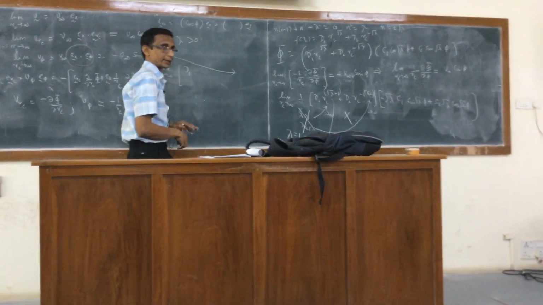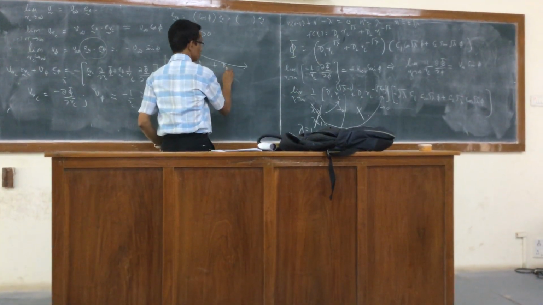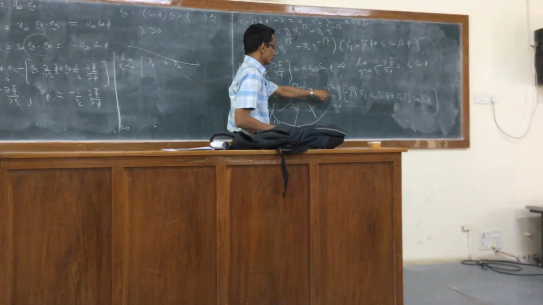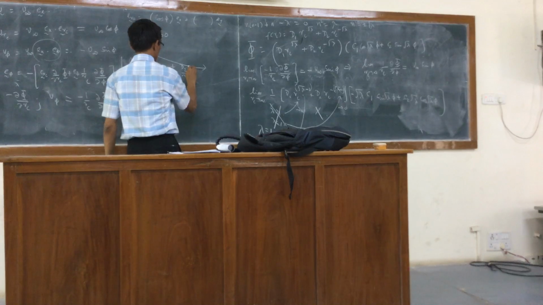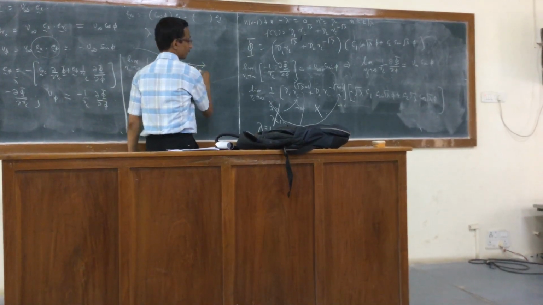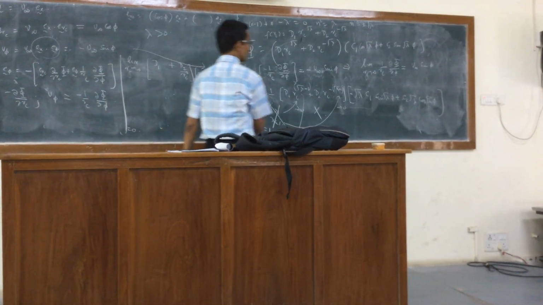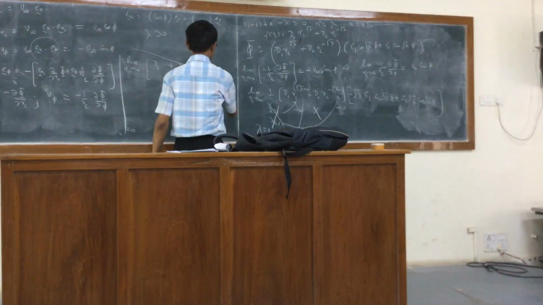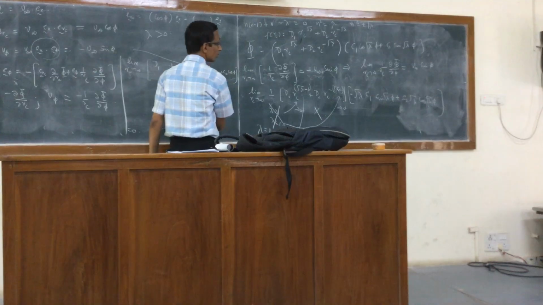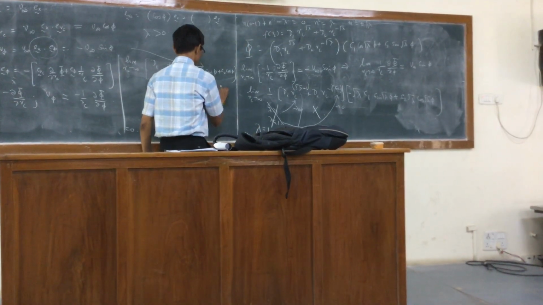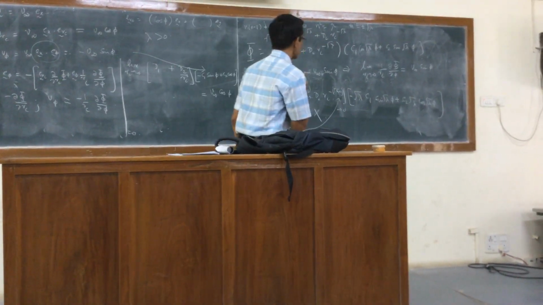That's how you will get d1 times RC to the power 0, plus d2 by RC squared, and then I have minus C1 sin phi plus C2 cos phi has to equal B infinity sin phi.